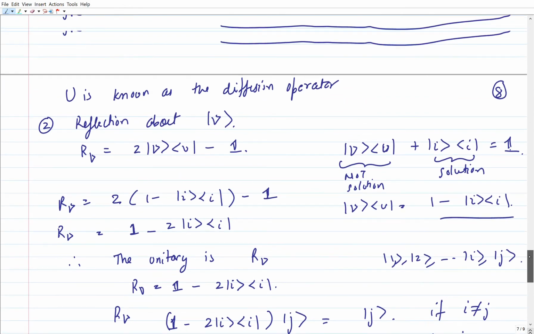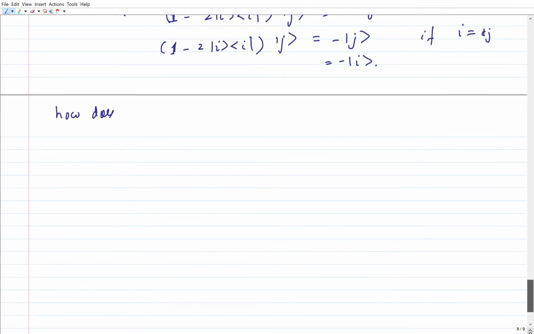So how does one implement this unitary? Let's say I have a bipartite system.